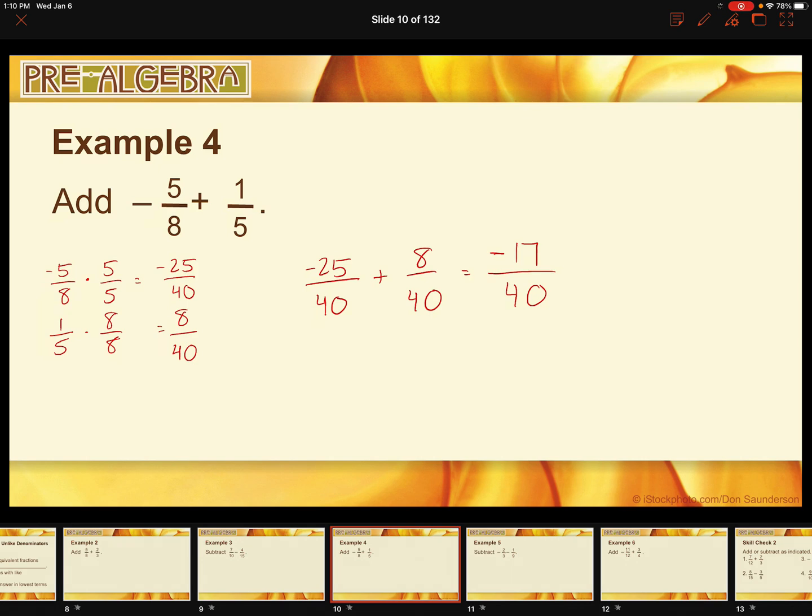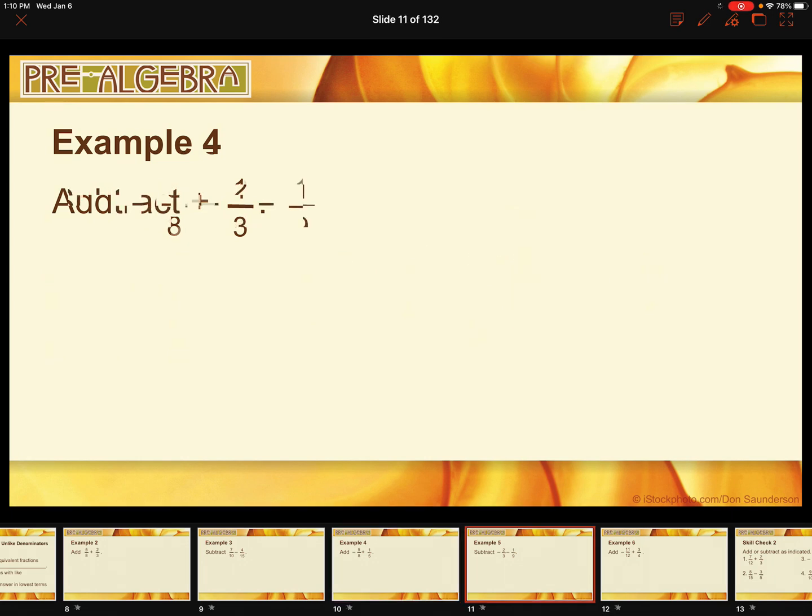I would prefer you to rewrite it like this, so you don't get it confused with your fraction bar if you write it like that. This is already in simplest form, so we can leave it as is.